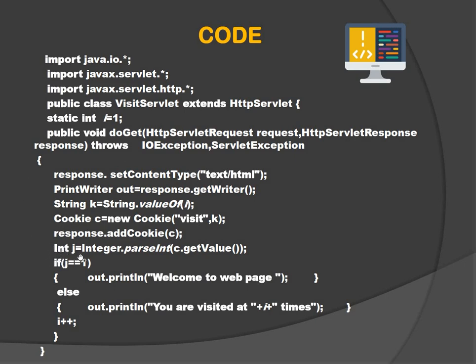Next line: int j equals Integer.parseInt(c.getValue()). The cookie value is a string, so we convert it to integer format.